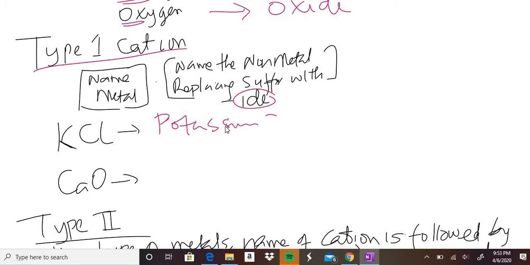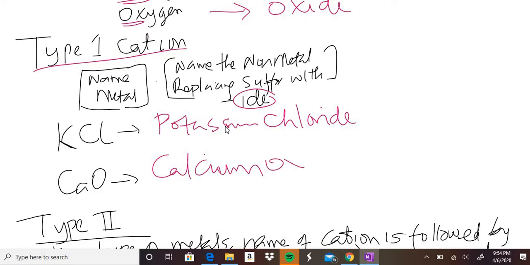Cl is chlorine and it becomes chloride. So the name for this compound KCl is potassium chloride. CaO, Ca in the periodic table is calcium. And the O here represents oxygen and it becomes oxide. So we have calcium oxide.